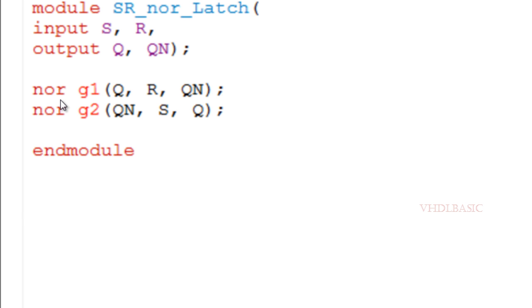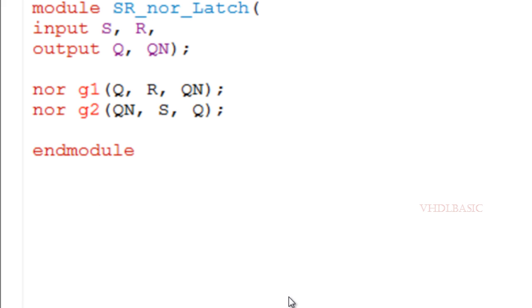The first NOR gate will give you the Q output using R and Q bar. The second NOR gate will give the Q bar output, using S and Q as the inputs of the second NOR gate.